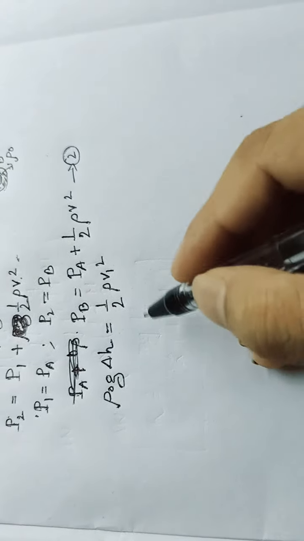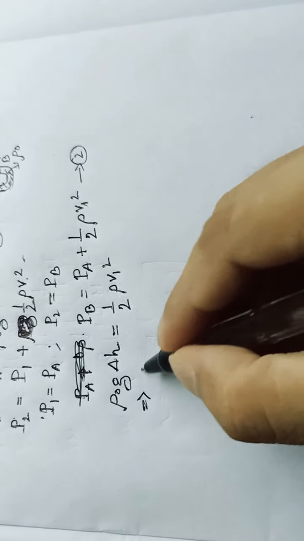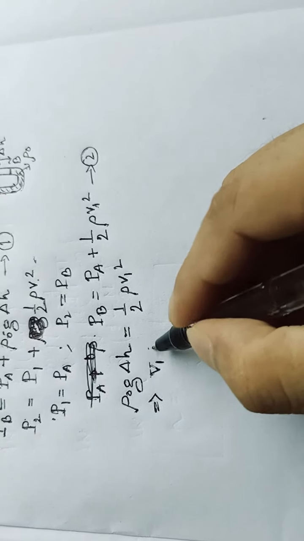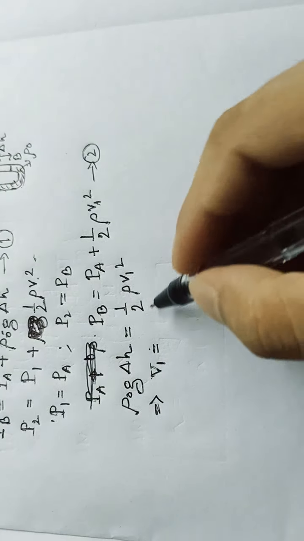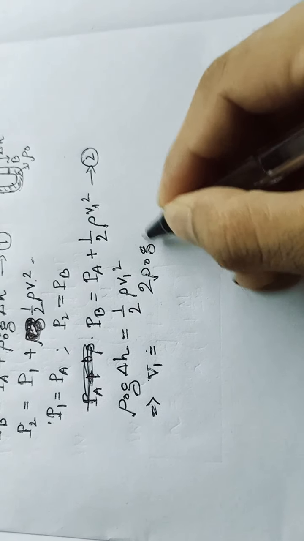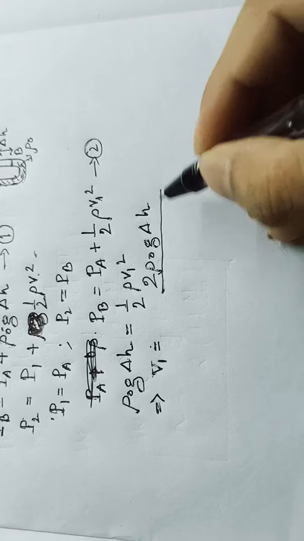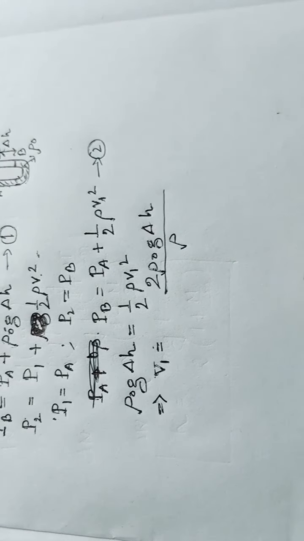Now from this equation we can find the value of V1. V1 will be equal to root under 2 rho naught G del H divided by rho.